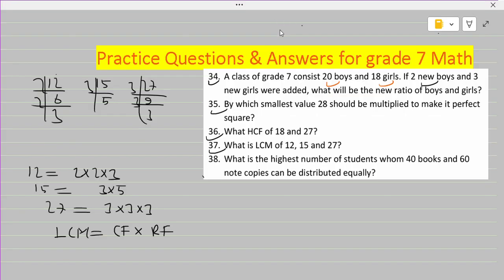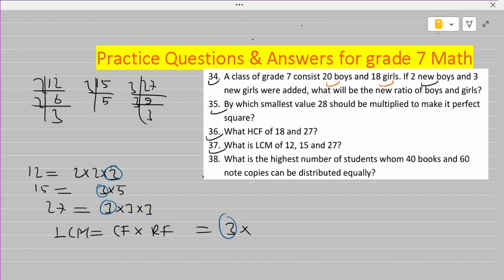But here you see this 3 is common in all three numbers, is it? So this is the common factor. And in the other numbers there is nothing else common, so all the others will be considered remaining factors. So the common factor is only 3, right? And now we serially take the remaining factors from all the numbers.